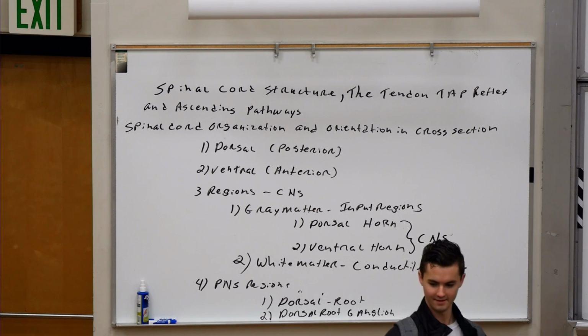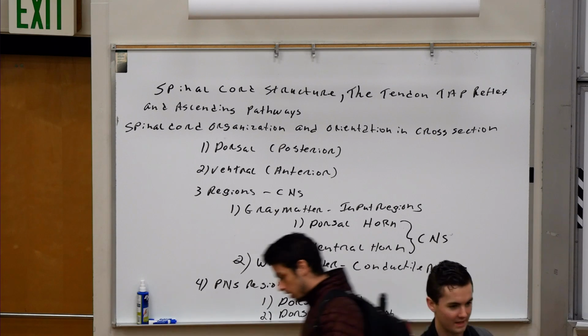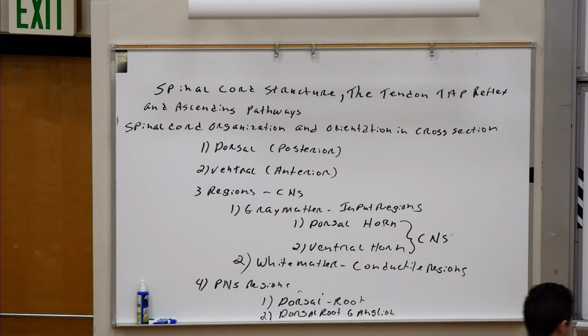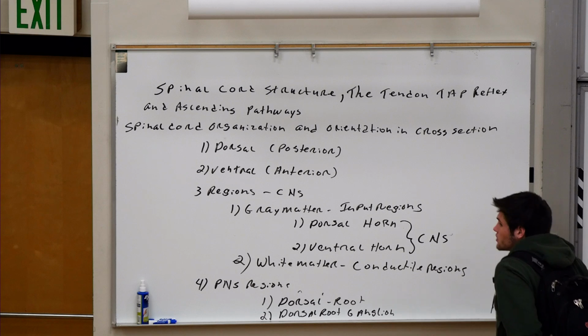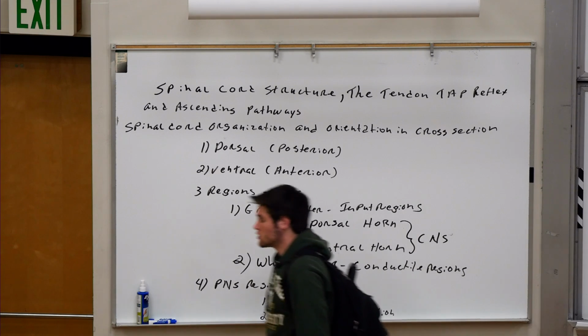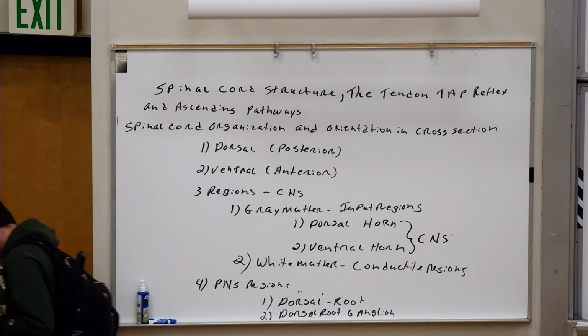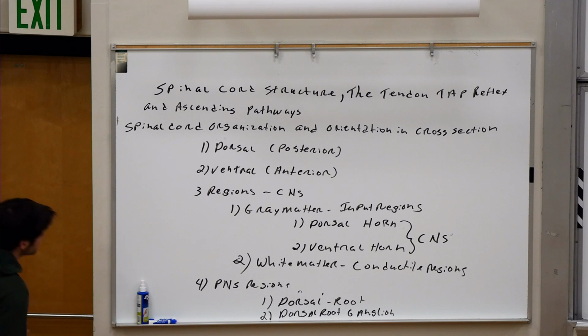Nerve and neuron are different. An axon can travel in nerves, and when the cell bodies congregate in the peripheral nervous system, we call that a ganglia. And when the cell bodies congregate in the central nervous system, we call it a nucleus. It's just a nucleus.